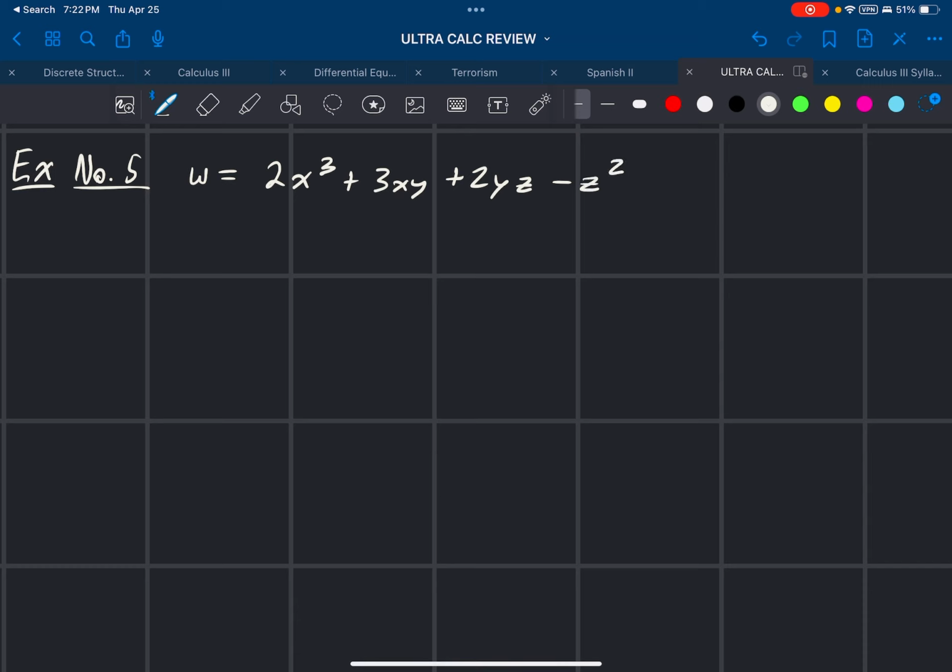Okay, so in this case, w is going to be equal to f of x, y, z. Just keep that in mind, since, I don't know if you noticed, we have the new variable in here, which is z. So, of course, we're just going to take all the partials that we have here.